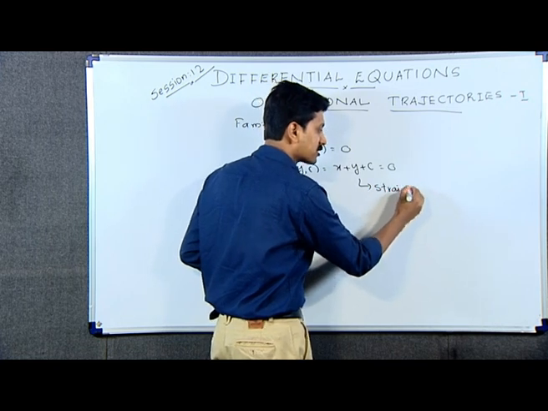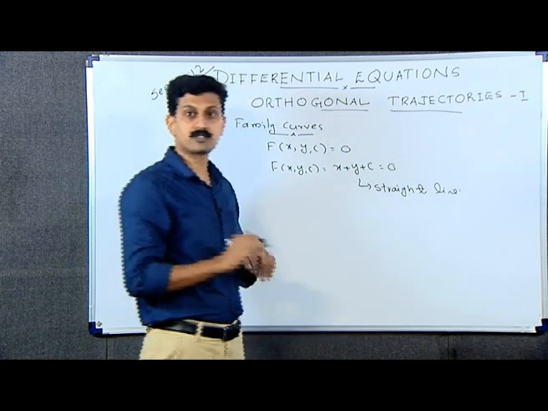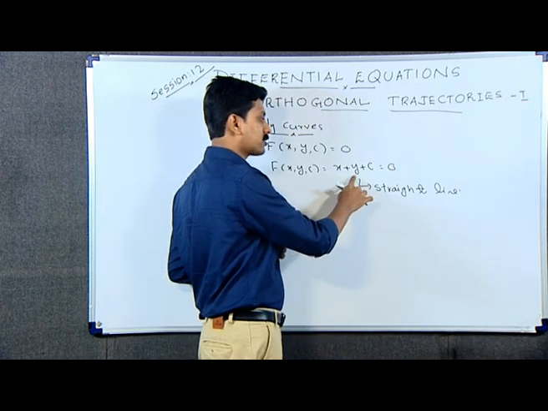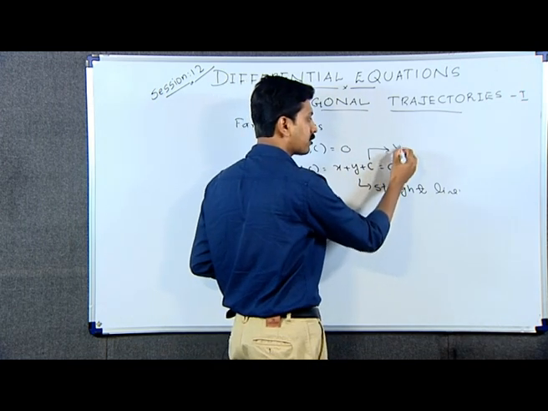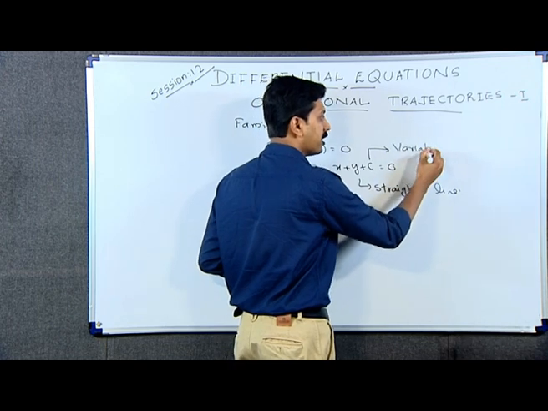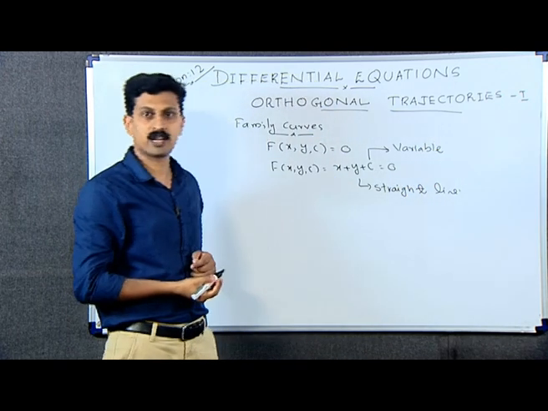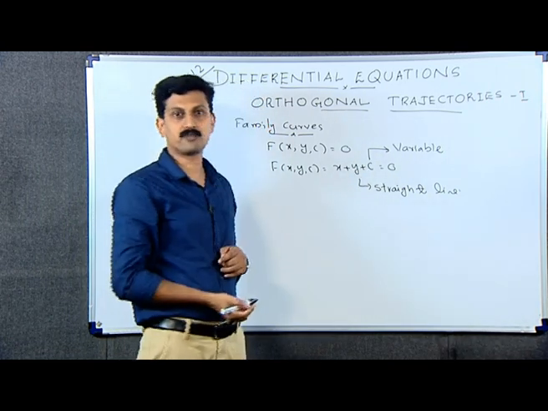But if we treat c as an arbitrary constant, it will act like a variable. In this case, we can say that these are a family of straight lines.